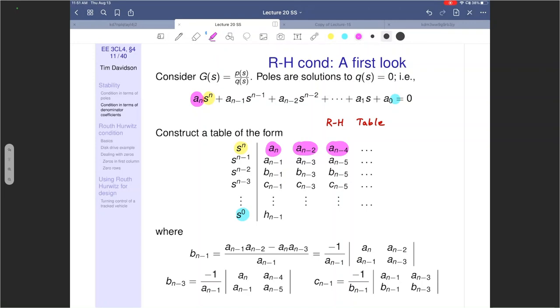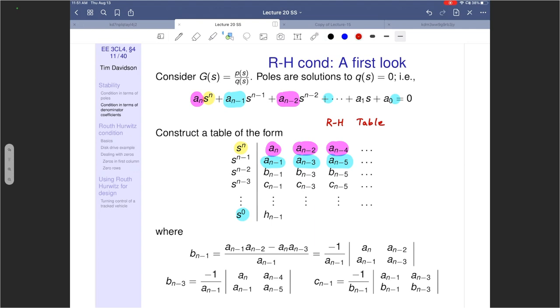So those are over here: an minus 2, an minus 4, and so on. The next row is going to be for s raised to n minus 1, one power of s less. So here I fill in an minus 1, an minus 3, an minus 5, and so on.